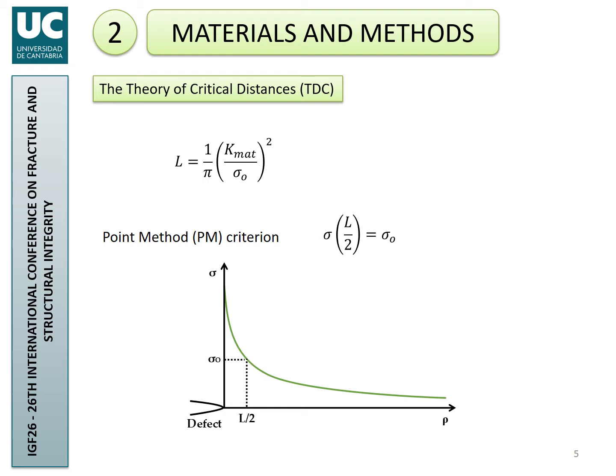If it is not the case, sigma 0 and L need to be calibrated, and that's what happened with the PVC.